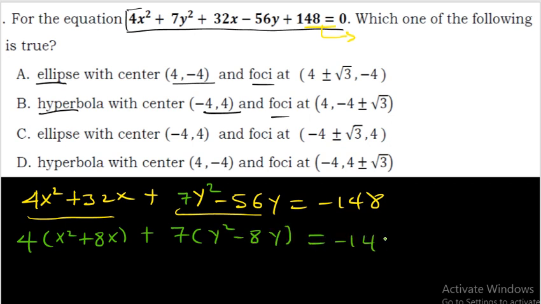Equal to negative 148. Then according to the completing the square method rule, I will take the coefficient of x and the coefficient of y, halve it, then square it, and add to the other side.